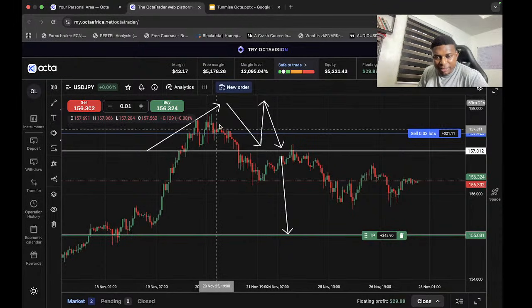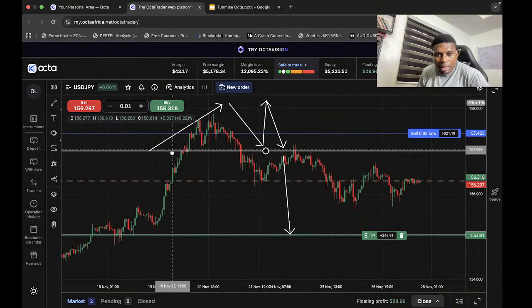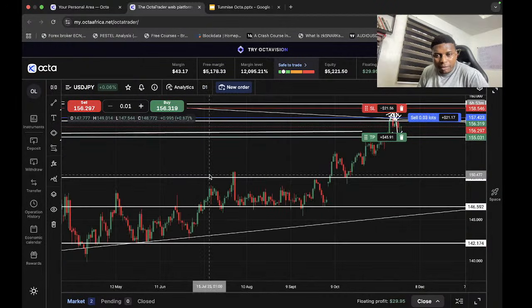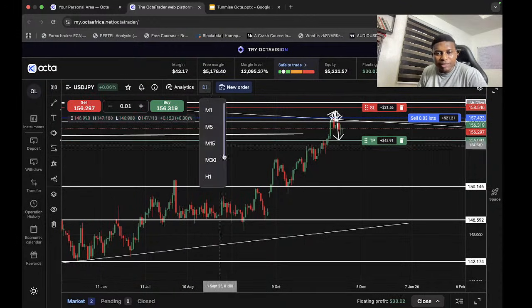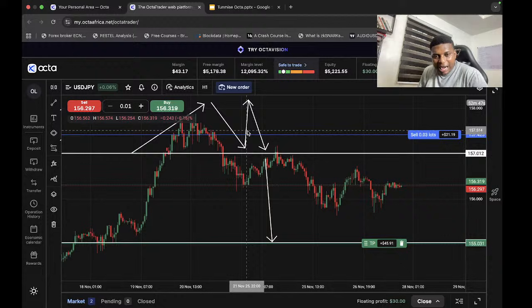If you go and rewatch the previous video, I mentioned that the market was at an all-time high on the daily time frame, and that if you look at the room to the left and see that there are really no candles there, then that's an opportunity for you to short the market. So here we shorted the market at this level, and you can see how far the market has gone.